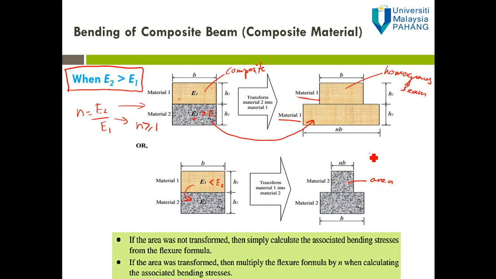Why? Because n is equal to E1 over E2. This is material 1 transformed into material 2, and n is less than 1, because E1 is less than E2, so you get 0 point something. That's why the area after transformation becomes smaller.